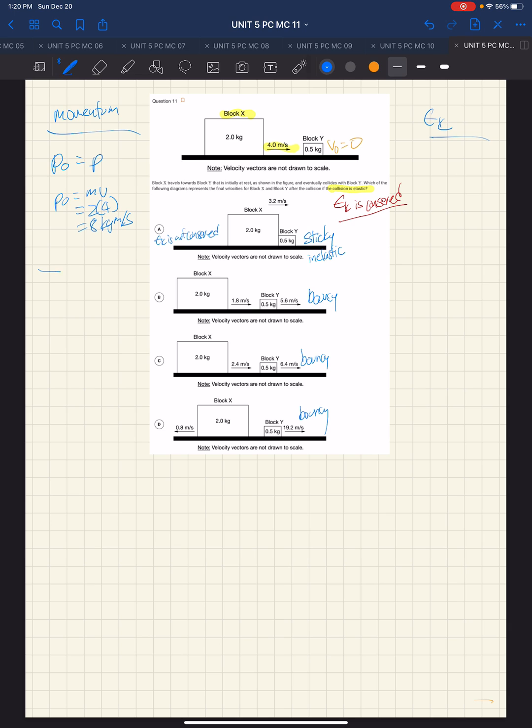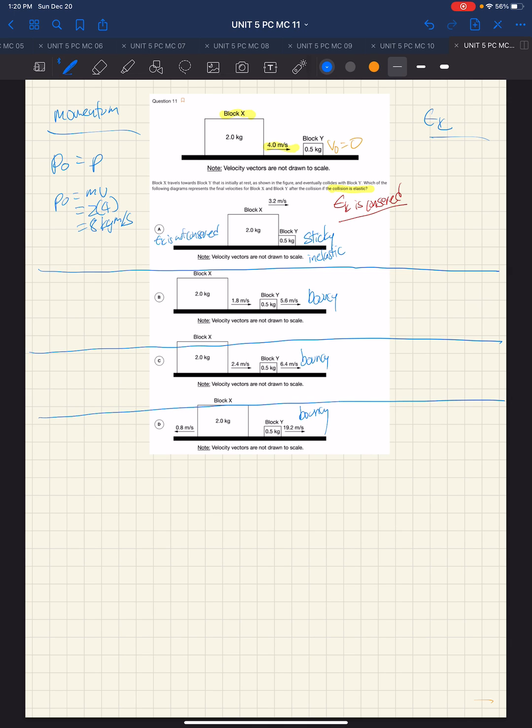So now we can just test each of these cases to see if they have a momentum of 8 kilogram meters per second. In choice B, we have mv plus mv, with a mass of 2 times 1.8, and a mass of 1/2 times 5.6, and that is 3.6 plus 2.8, which is 6.4.